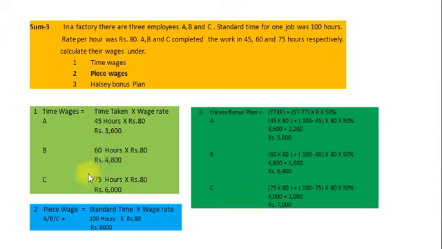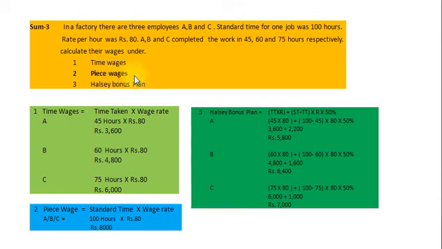And labor C, time taken to complete the job 75 hours, multiply wage rate rupees 80. So wages amounts to rupees 6000. So as per time wage system, wages of A rupees 3600, wages of B rupees 4800, and wages of C rupees 6000.